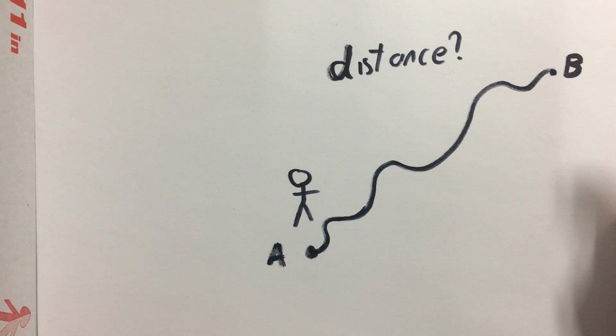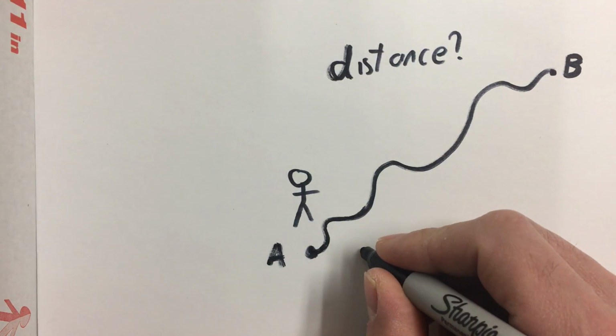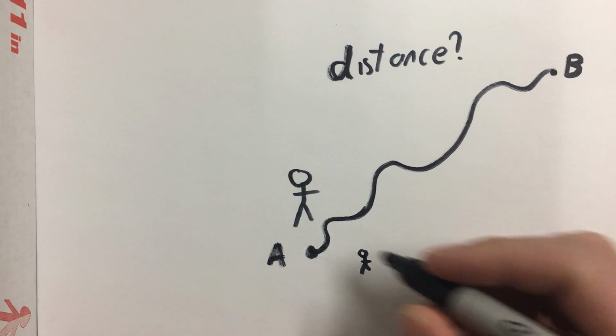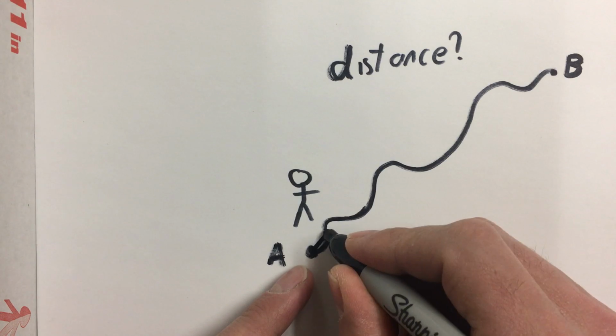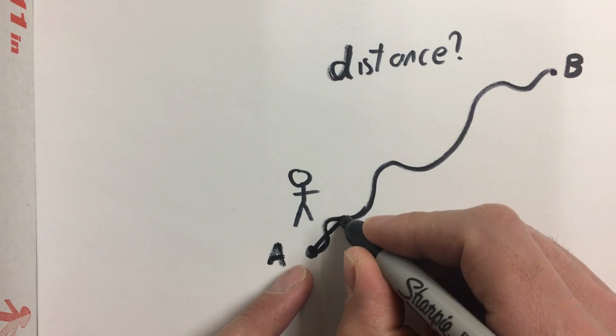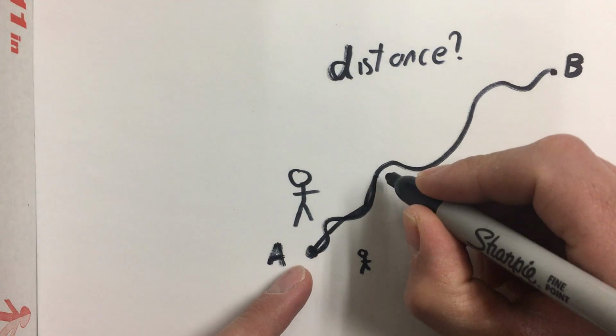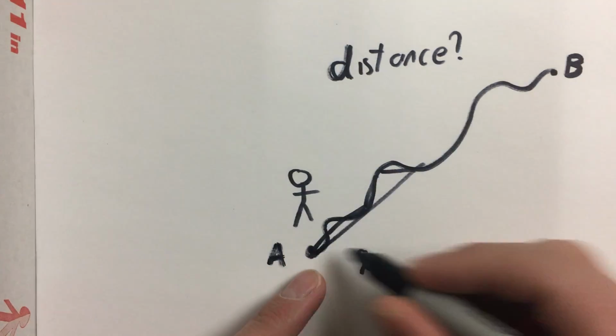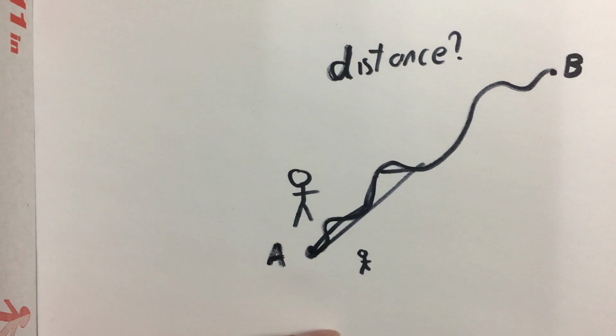However, the problem we run into is that a smaller person is not cutting off as much with each step as a larger person is, and therefore they're going to give you a much different answer.